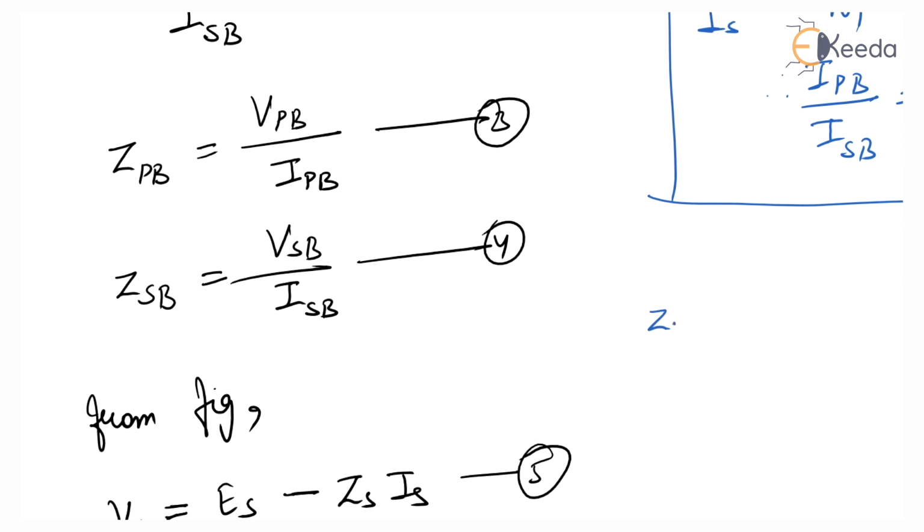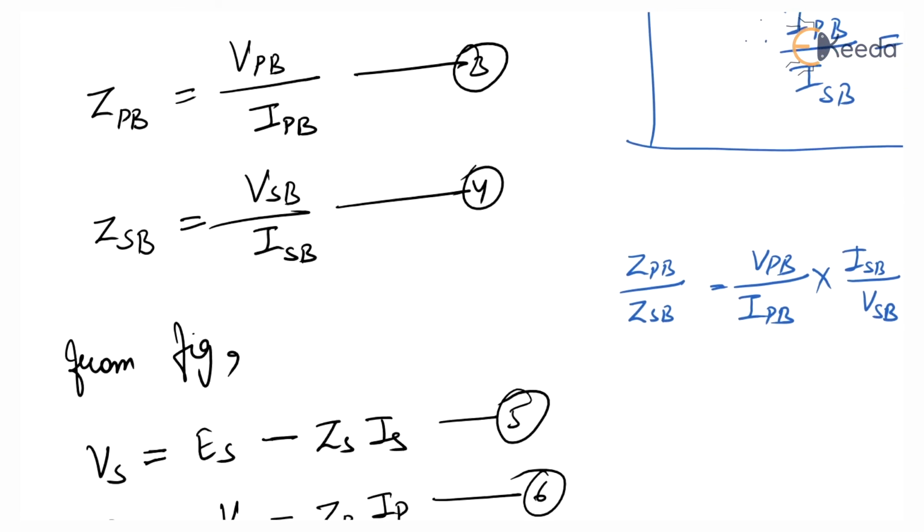So from equations 3 and 4, you know that ZPB upon ZSB is equal to VPB upon IPB into ISB upon VSB. Okay.